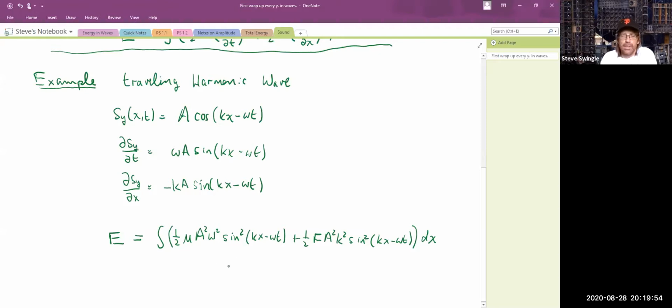All right. So here's the first thing, and I actually pointed this out, I think, when we were first talking about energy. Even though these terms look different, they're actually exactly the same terms. I can show that because if you recall, omega divided by k is equal to the wave speed. And so omega squared is equal to k squared v squared.